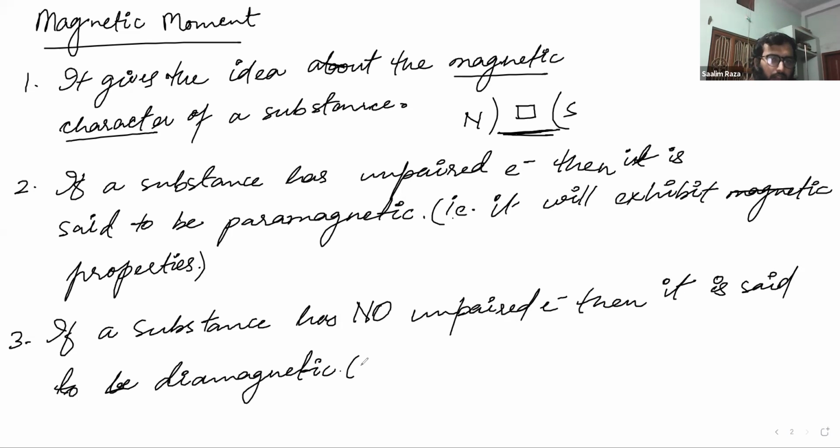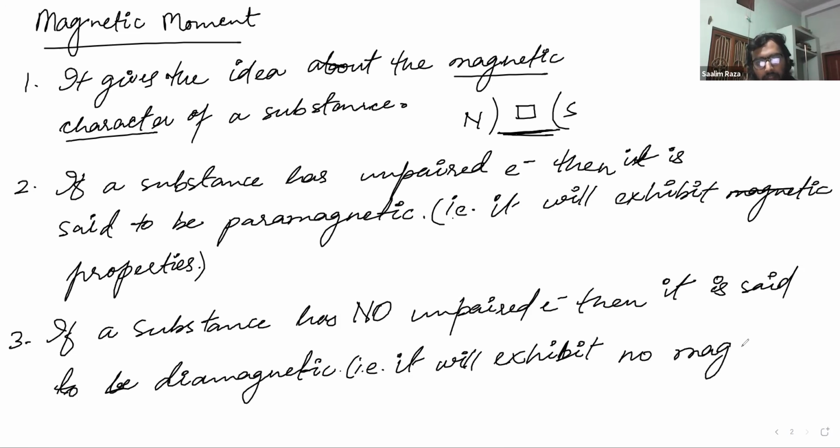What does this mean? Diamagnetic. That is, it will show, fancy word for show, exhibit, no magnetic properties. Any doubts still here?